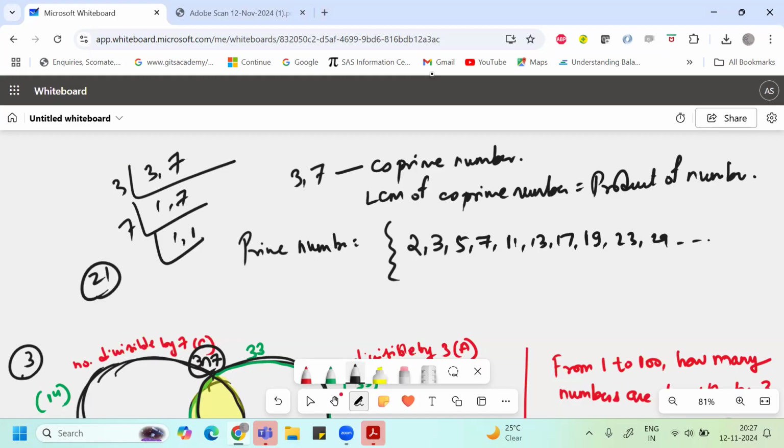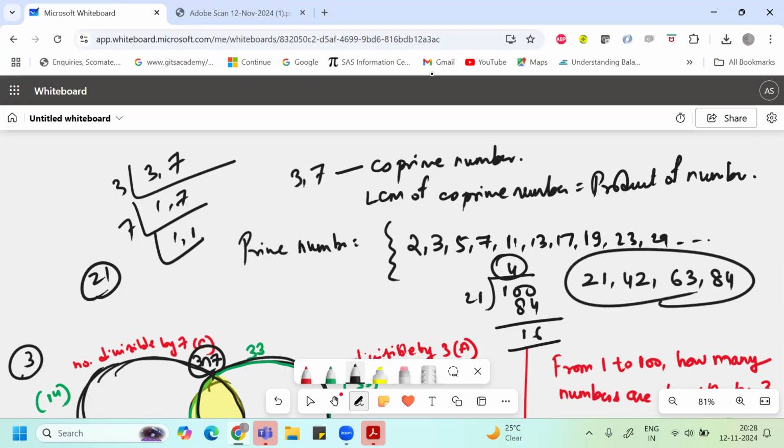So you have to divide 100 by 21. If I do 100 by 21, I get four numbers: 21, 42, 63, and 84. Only four numbers are divisible by both 3 and 7.